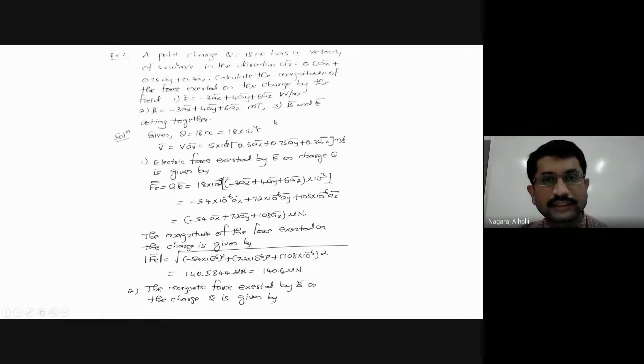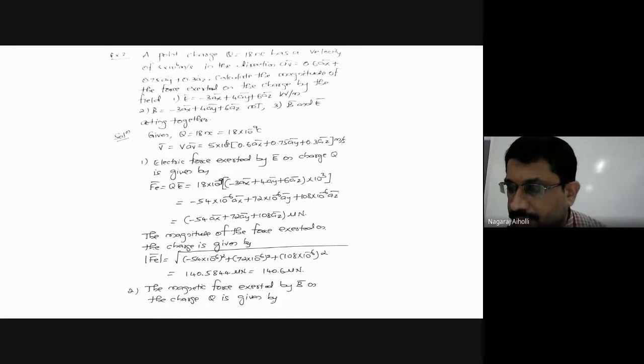Has anybody solved this example? Have you all solved it? Anybody? Pallavi, have you solved it? What about other students? Ankita, have you solved it?